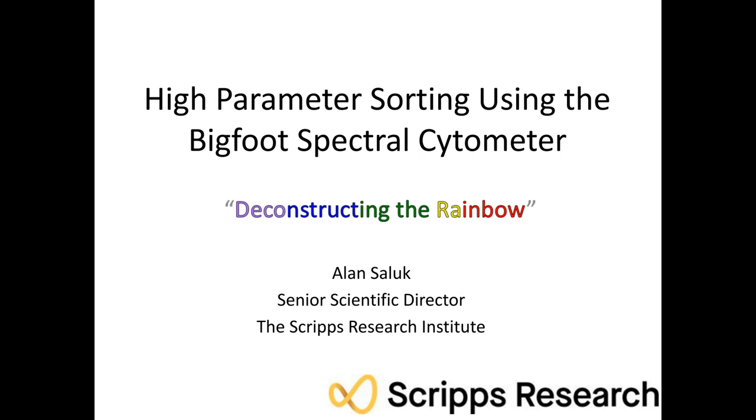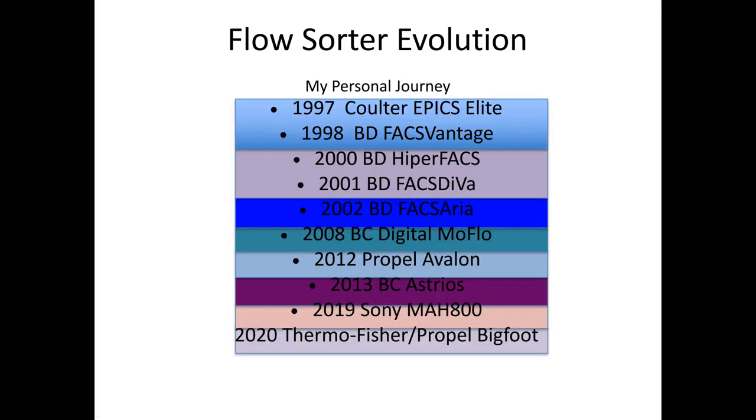But first, I want to frame it in the context of my history with flow cytometry sorting and how we've gotten to this spot in flow history where we're doing sorting based on spectral signatures. I thought in telling that story, it would be best to tell it through the evolution of all the different cell sorters I used over the decades and how they've led to where we are now.